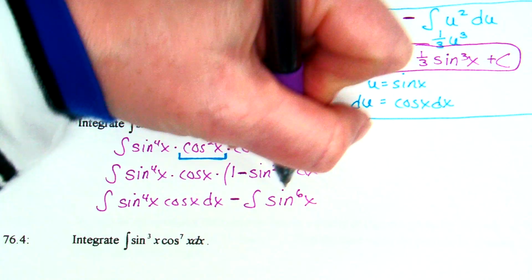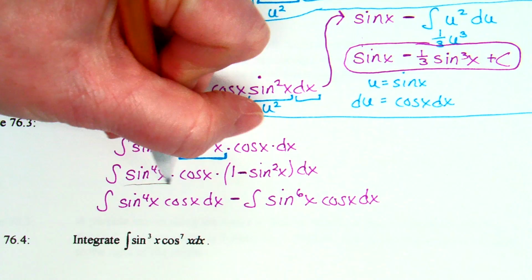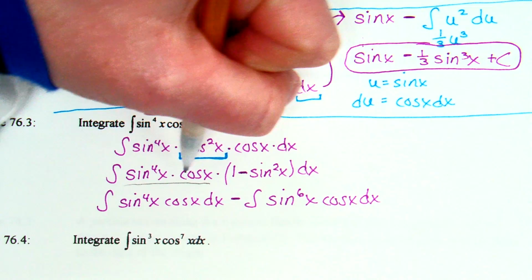Are we okay with what I have right there before I continue? No. Okay. What are you not liking? The last step where you got sine to the sixth cosine x. Okay. And it's because I took sine to the fourth cosine x. First time we distributed by 1. The next time we distribute it by sine squared. So why don't you have the sine to the fourth x cosine x minus, then you do the next one.